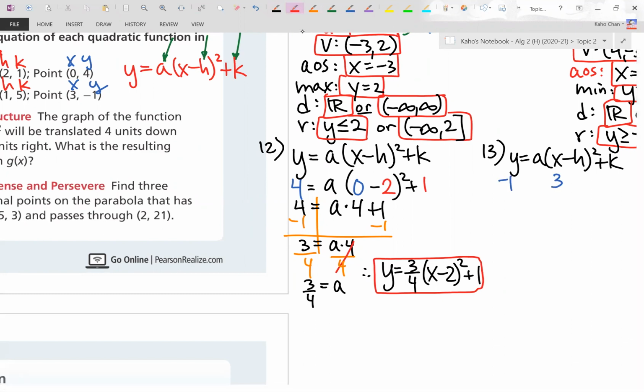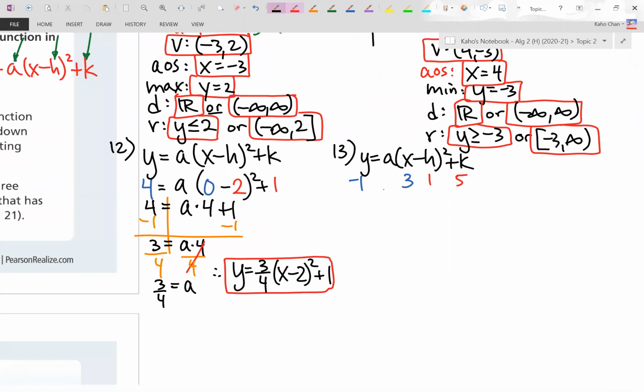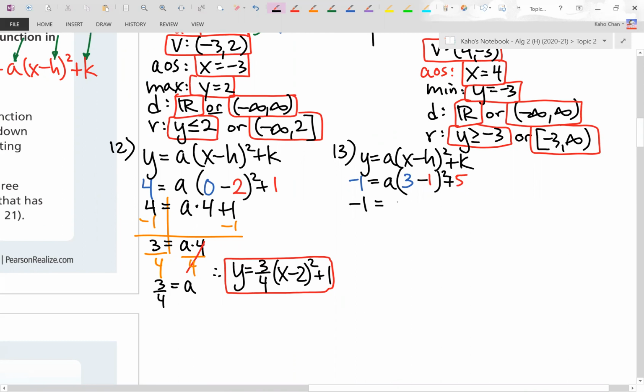Then we have a vertex at 1, 5. Plug that in, okay. Clean up, 3 minus 1 is 2. 2 squared is 4 inside the parentheses. Subtract 5 from both sides now. Solve for a.